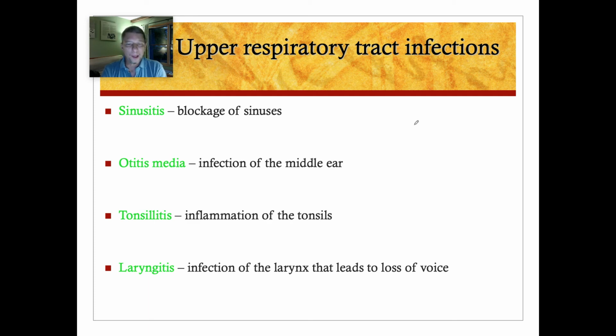Otitis media is an infection of the middle ear. Essentially, there are tubes that run from the inner ear to your throat. Have you ever swallowed and had your ears pop? Well, that's because there are tubes that lead from your throat to your inner ear, and they help to equalize the pressure.